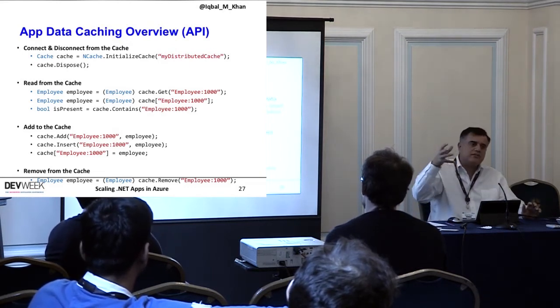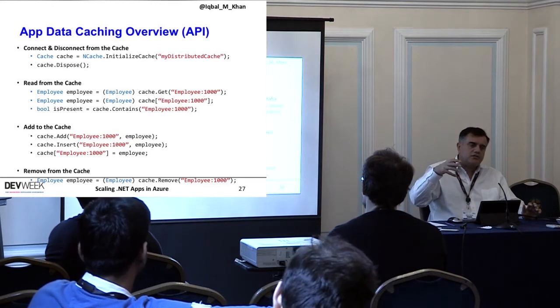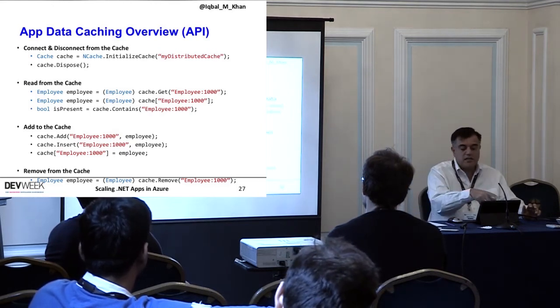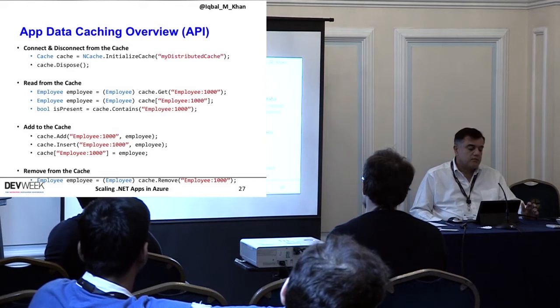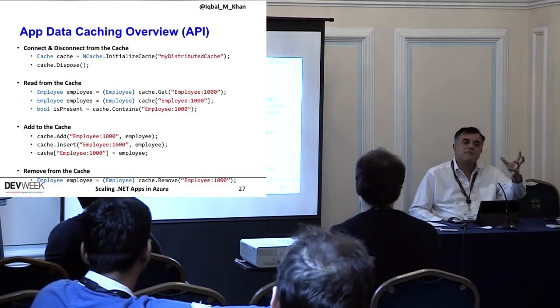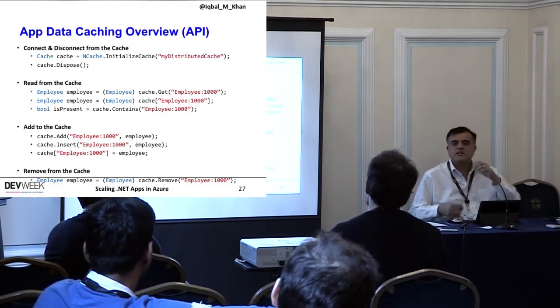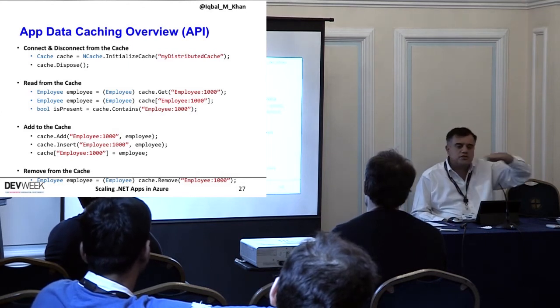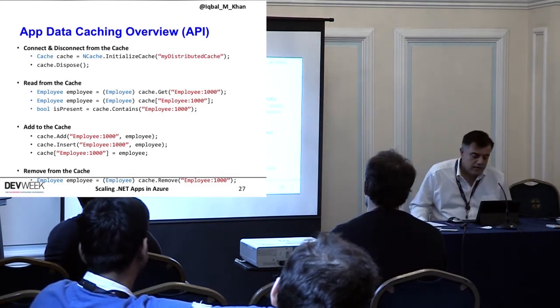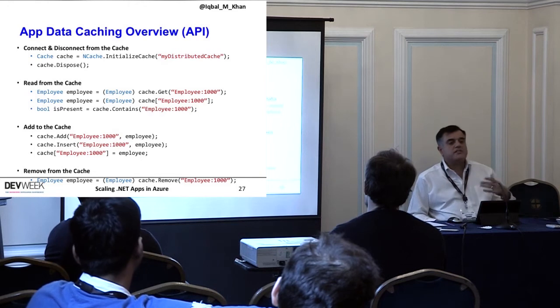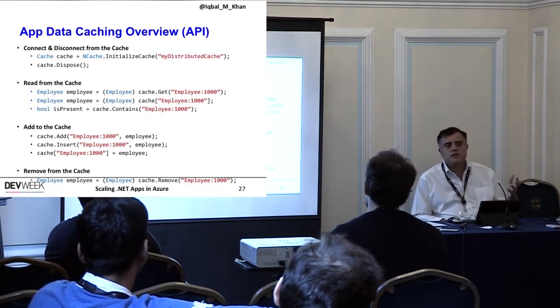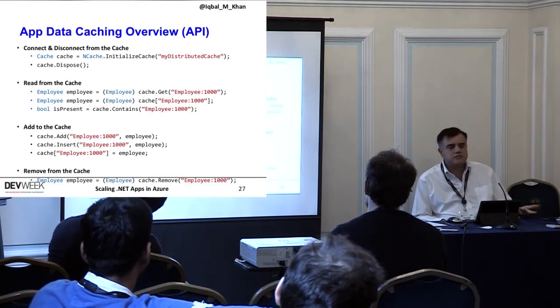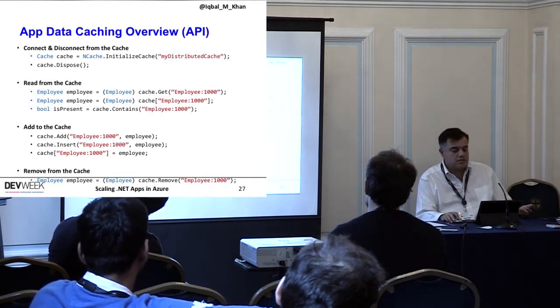So there are eviction algorithms that a cache should support, and that's something that I didn't mention here, which is that it will evict 10% of the cache when it reaches that threshold. The reason it needs to do that is because cache will almost never be as big as the database, and it cannot be because the data is much larger.